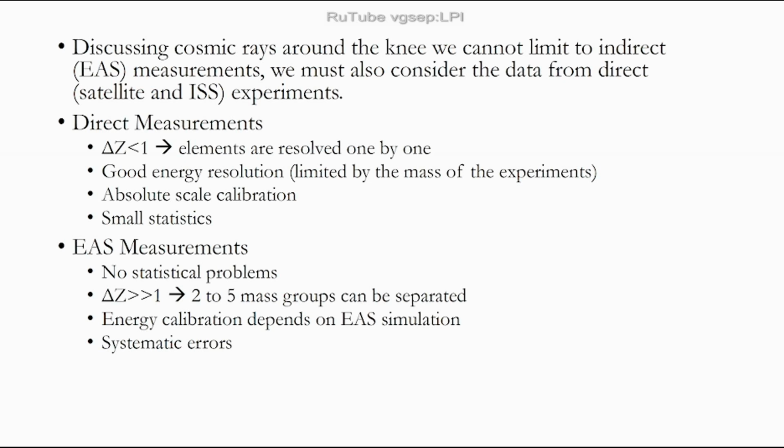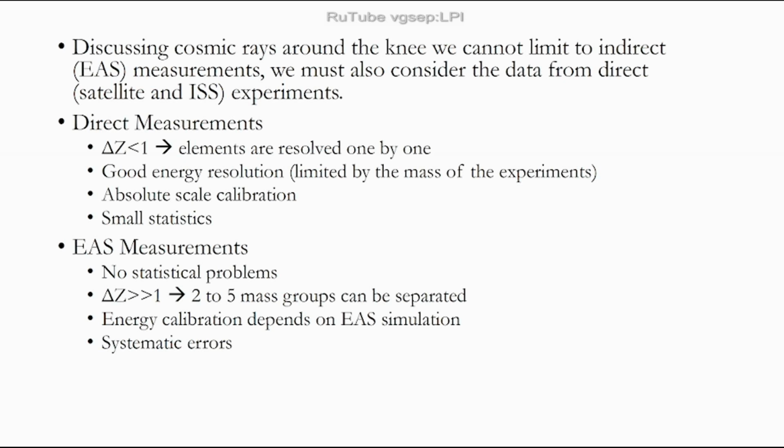So let me summarize very briefly what the pros and cons of the two techniques are. With direct measurements, it's clear that we have a very good resolution on the charge of the primary cosmic rays, and so we can resolve elements one by one, and we can attribute each single event to a precise primary particle.